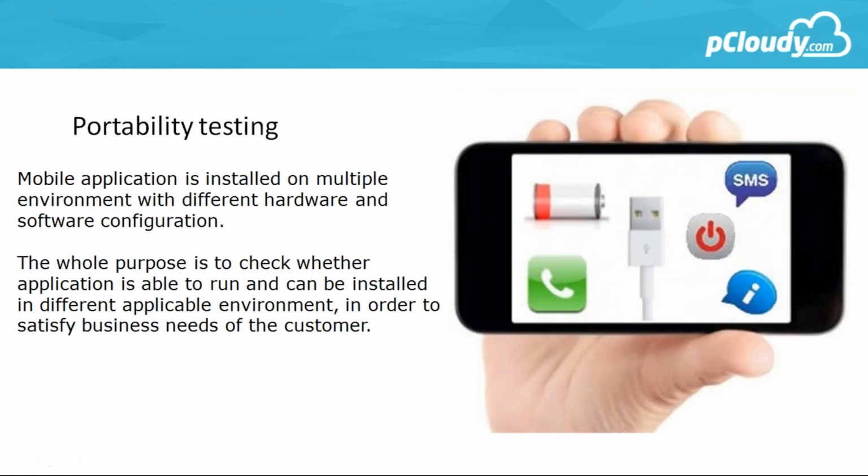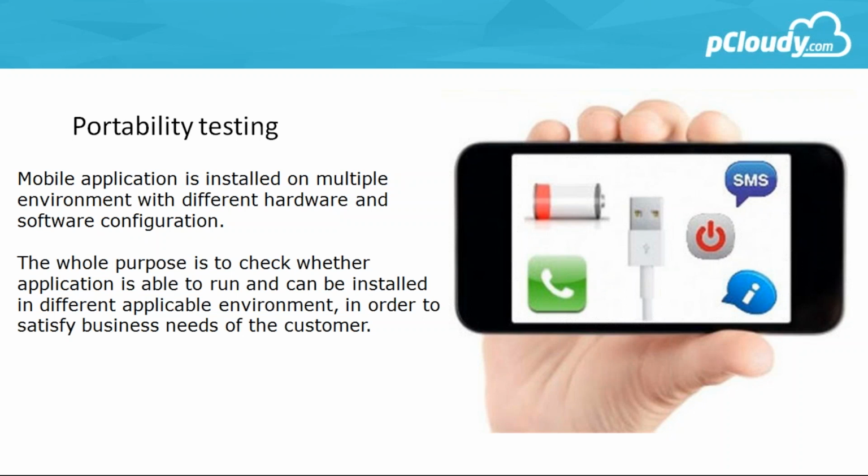If we come to portability testing, again, this is very important testing. What we are primarily checking here is whether the mobile application can be installed on multiple environments with different hardware and software configurations, typically the bigger landscape of Android devices.